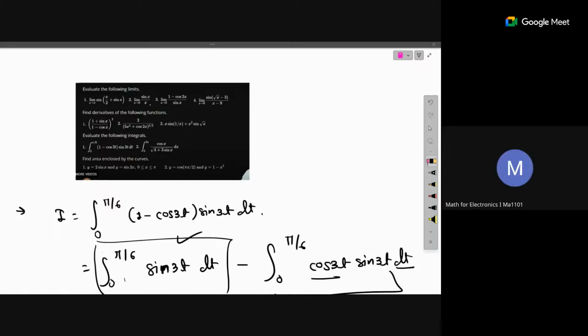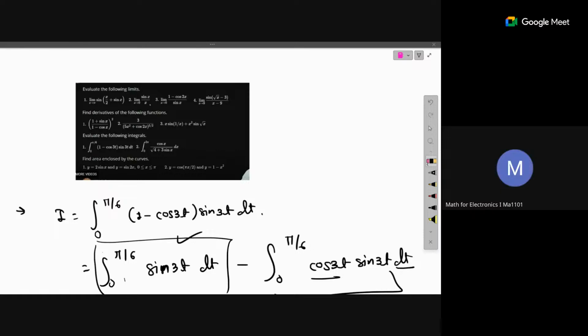And in the fourth one, you have to factor out under the root of 9 and then use the second limit. Can we use L'Hopital rule in the fourth one? Yes, it is possible because you are getting the 0 by 0 case.